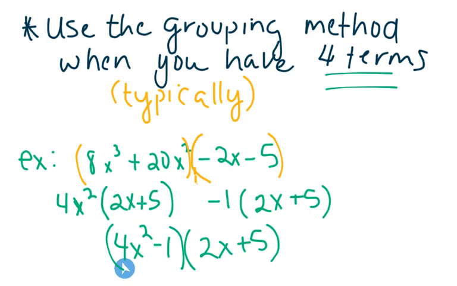So we have, again, a 4x squared times 2x, which is 8x cubed, which is what we want. Our outside term is a plus 20x squared, which is what we want. My inside term is a minus 2x, which is what we want. And lastly, a minus 5. So we're good to go when I checked it with our foiling method. Let's try another example.